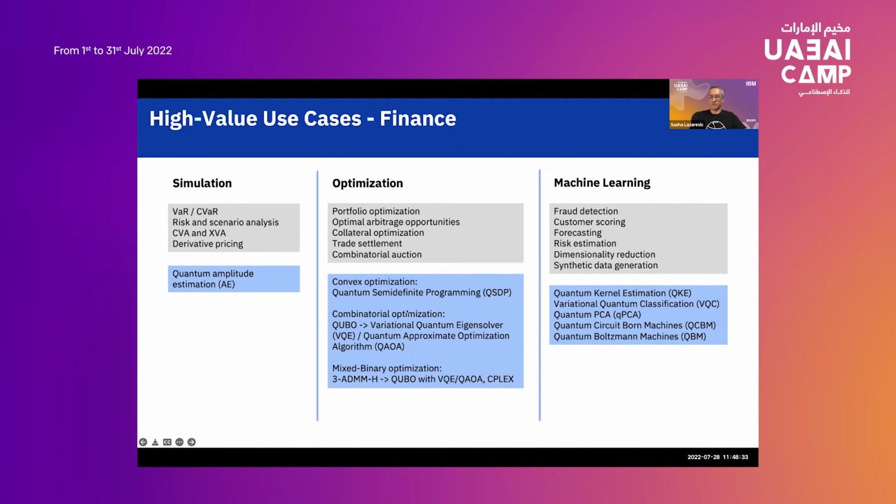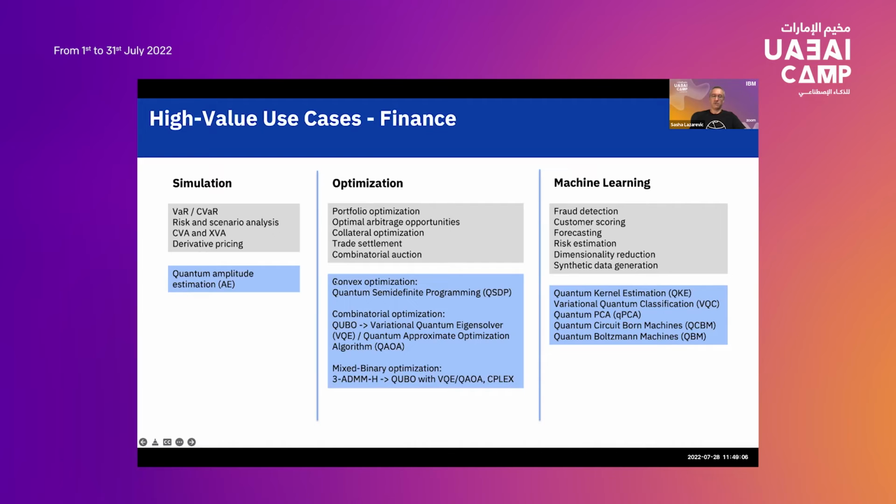And if you want to learn quantum computation, then definitely you will have to master the basics of quantum computing, then you can choose one of these quantum algorithms and work on that in more detail. So talking about the optimization in finance: portfolio optimization, collateral optimization, trade settlement, combinatorial auction. So you see the different optimization scenarios that can be implemented.